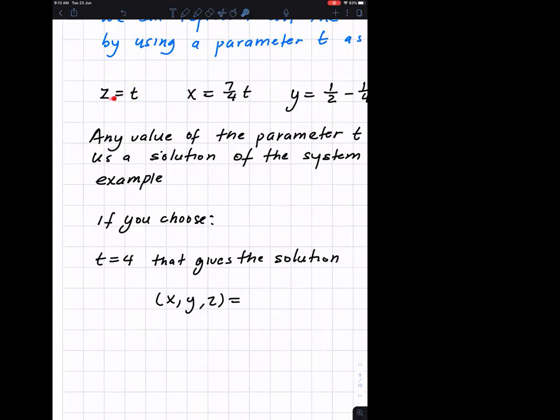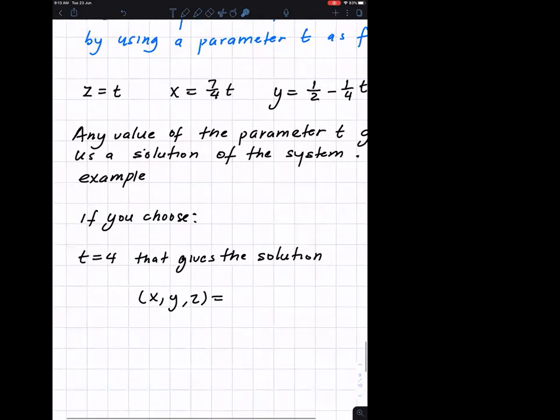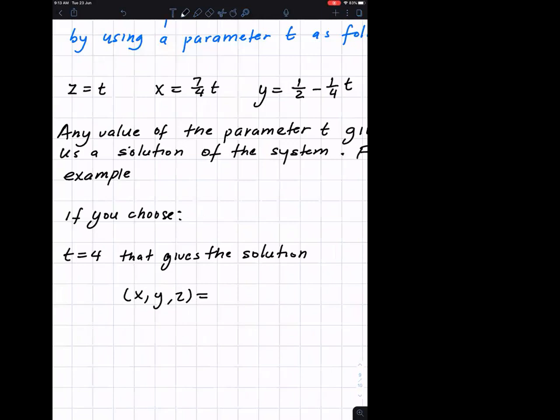That means z becomes t, and therefore z becomes 4. Now you replace all the t's here with 4. So your x is going to be 7.